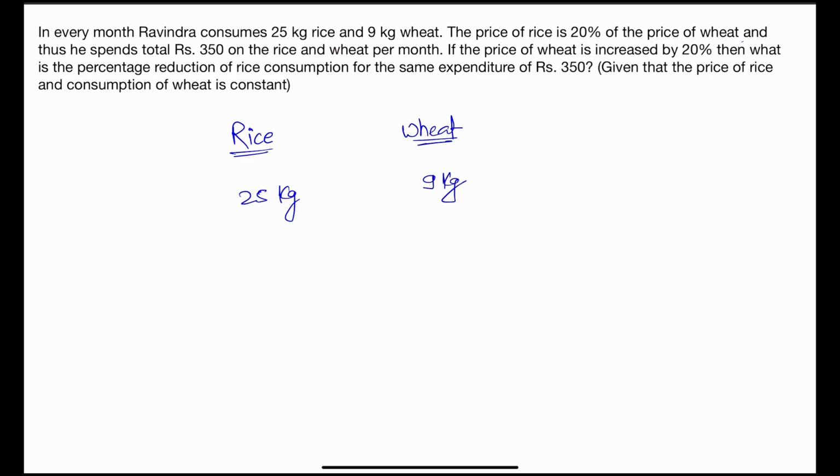The price of rice is 20% of the price of wheat, so rice is 0.2x rupees per kg. 1 by 5 is nothing but 2 by 10, so 0.2 only. Yes, it's correct.